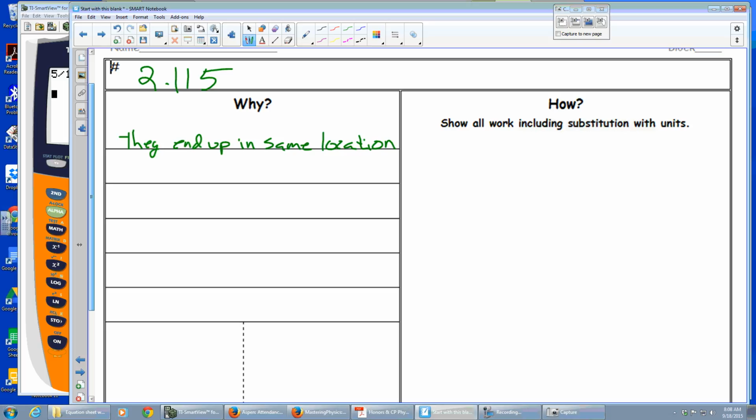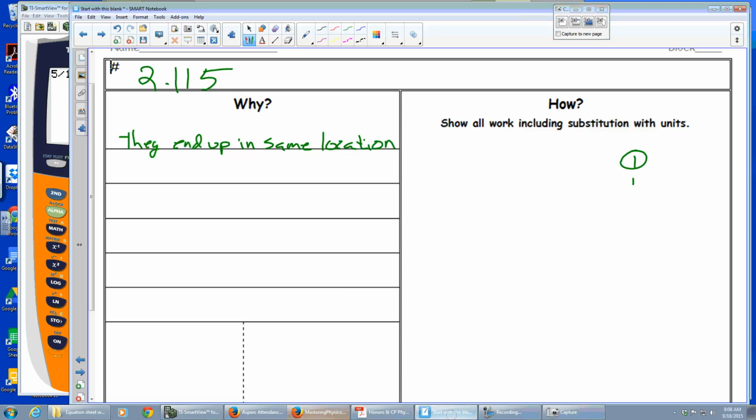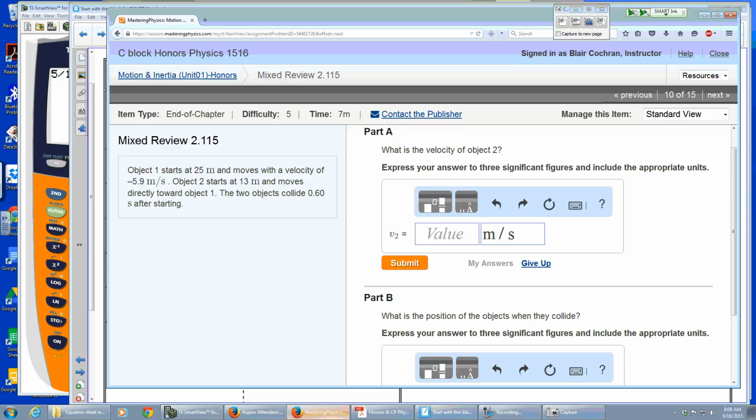I think I need to draw a picture just to wrap my head around it. So we've got object number 1 starting here, and object number 2 starts at 13. Over here is 0, this is at 13, and this is at 25. And then it says object 1 moves with a velocity of negative 5.9.